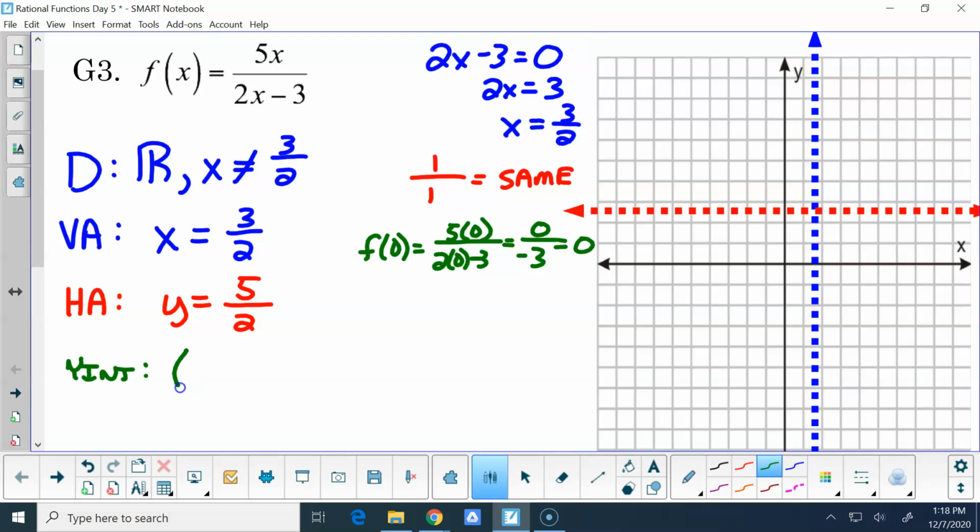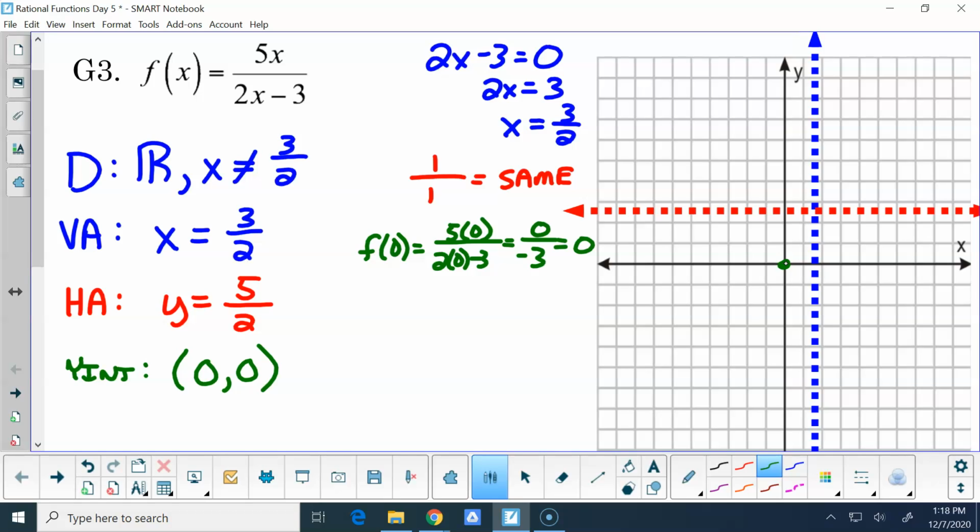So my y-intercept is the point 0, comma 0. I saw a lot on the homework of just giving me the number 0 there for that y-intercept. But y-intercept is a point, so it needs to be in point form. Okay? And that's this point right here.